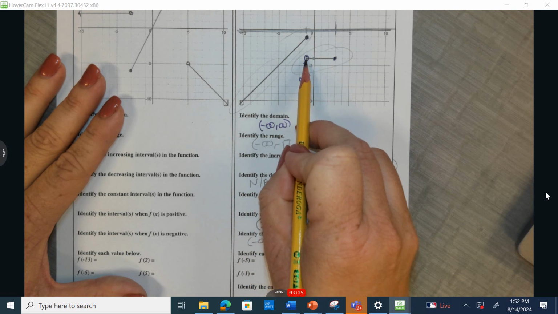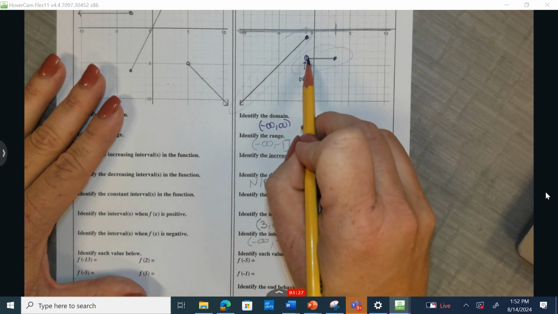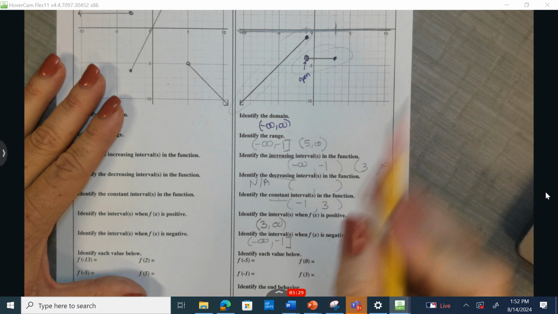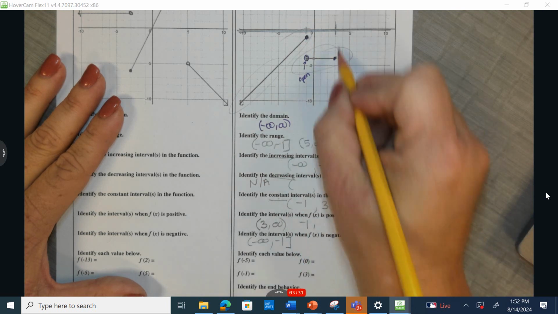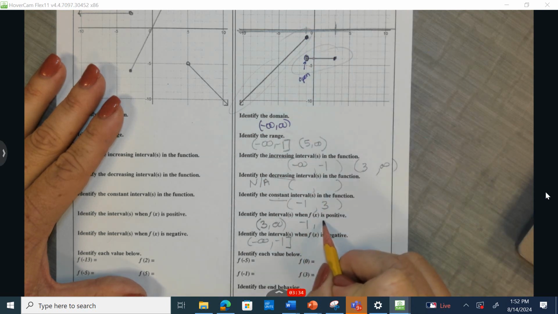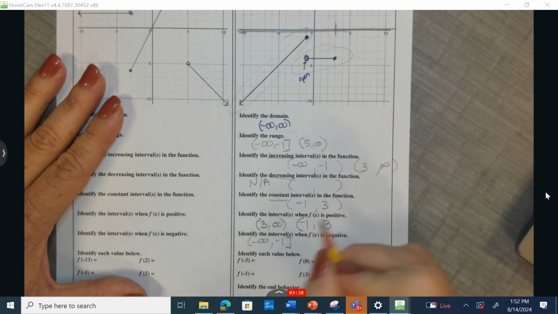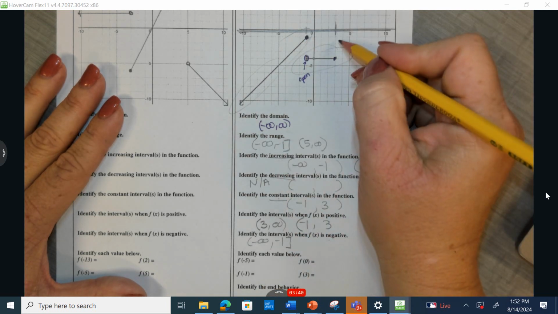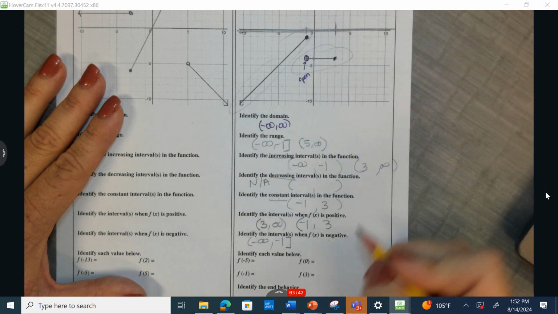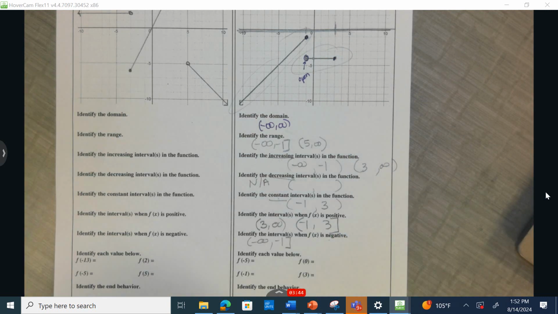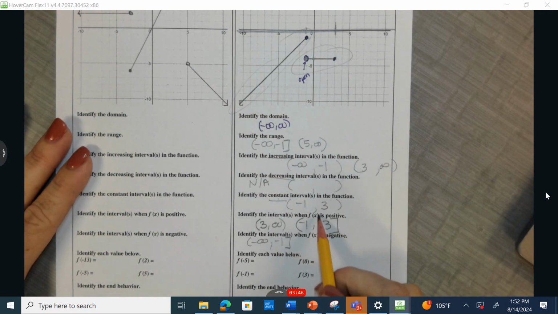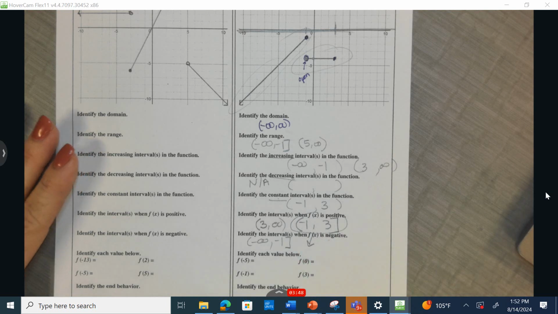This constant region of the graph goes from where x is -1 all the way to where x is +3. -1 has an open circle, so I'm not going to include it as being in the f of x negative. And we have a closed dot at x equals 3. We're going to include it. Oops, this should have been right down here in the negative portion.